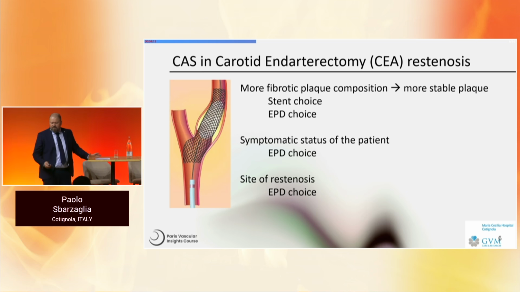It's a more fibrotic plaque, a more stable plaque, even if in some cases the patient can be symptomatic. The combination of the fibrotic component and the symptoms are the two factors leading to the stent choice and EPD choice.